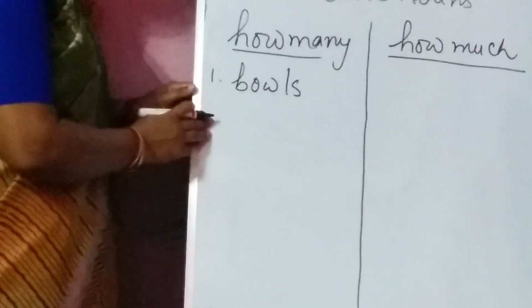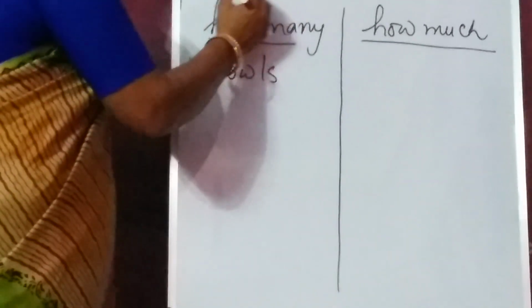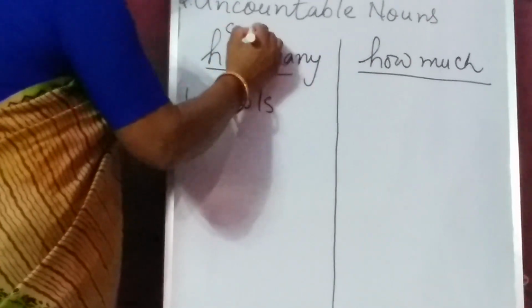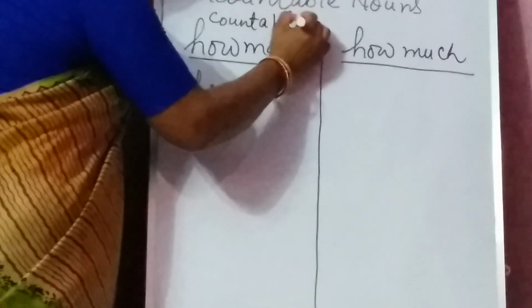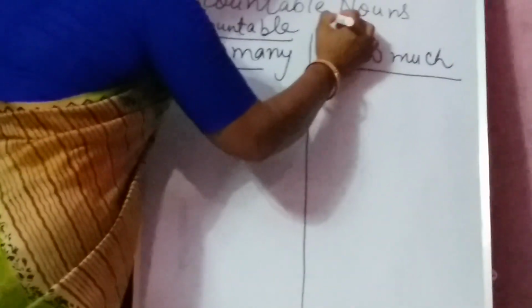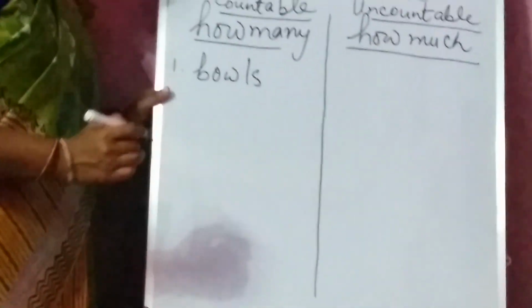This column is for countable nouns. This is countable and this is uncountable, that is how much. Now bowls we can count.